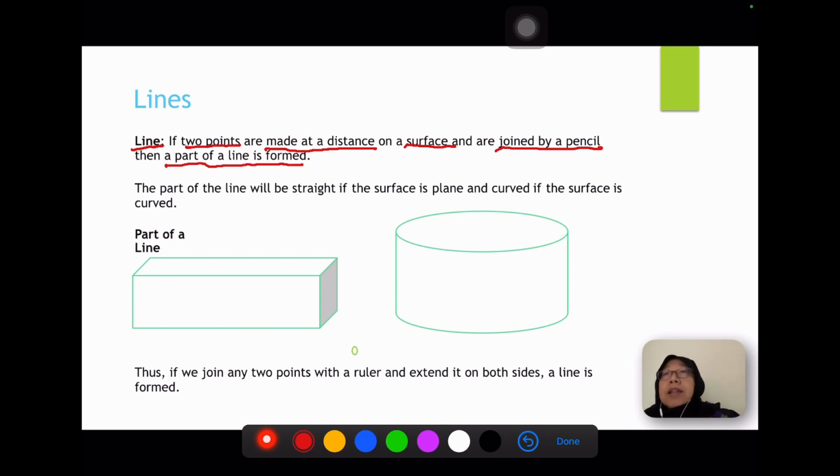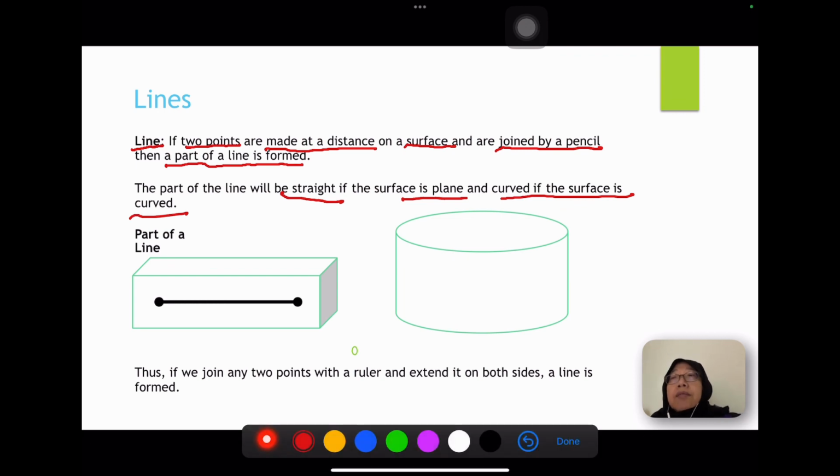The part of the line will be straight if the surface is plane and curved if the surface is curved. So it really depends. The first one here is the part of a line. This is a straight line and this is a curved line. So it's a curved surface and it's a straight surface.